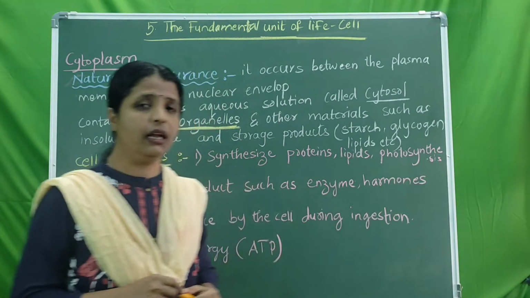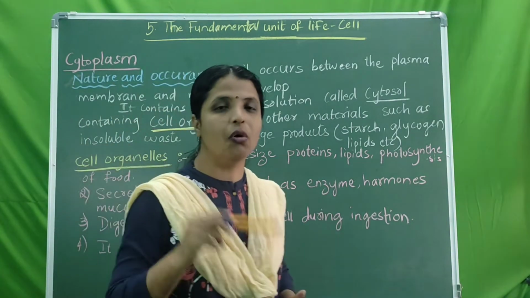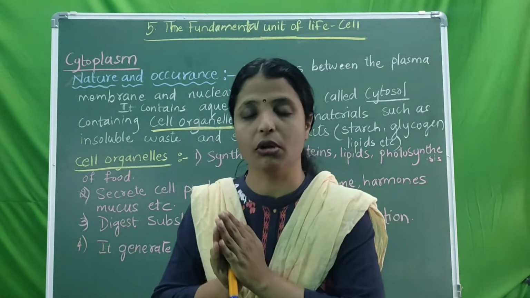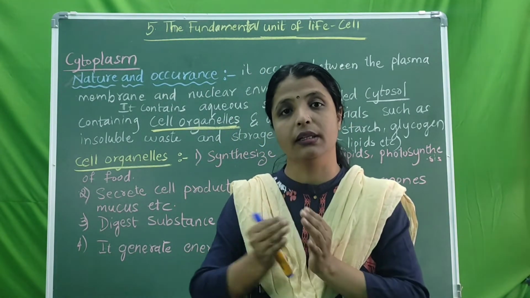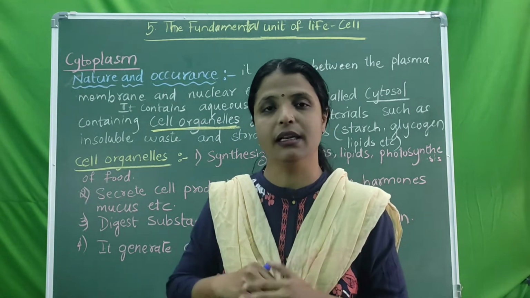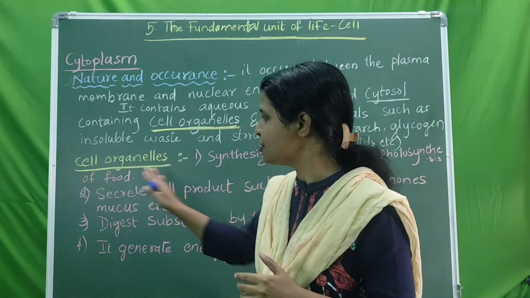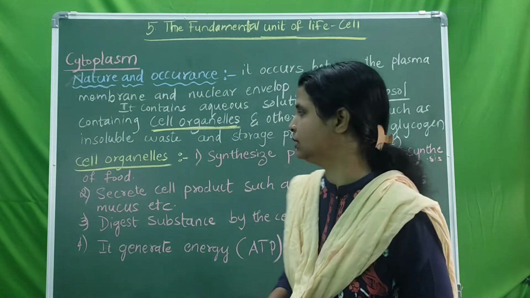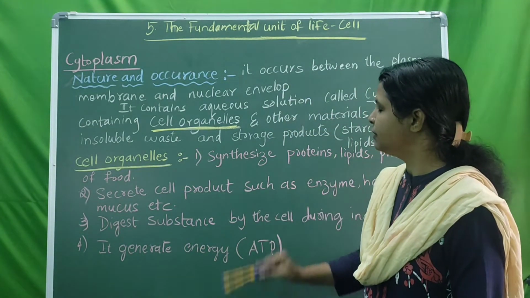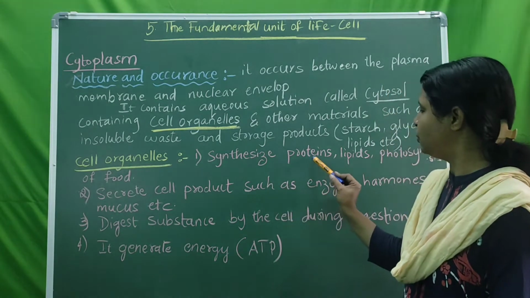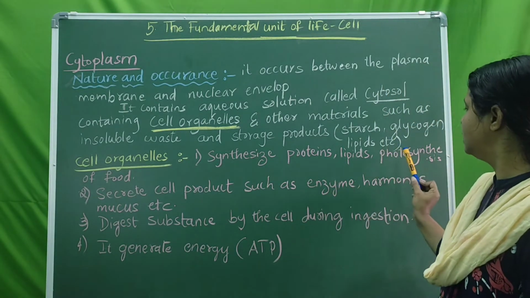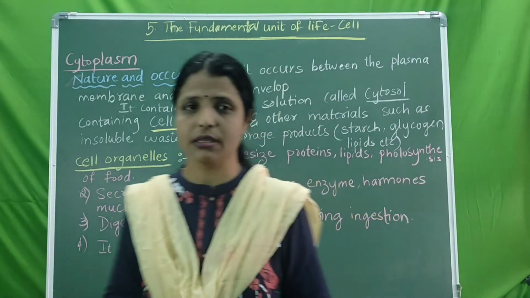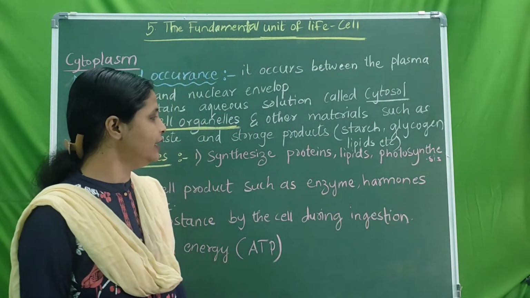Okay, now let's see the cell organelles. What are their functions? Before moving on, let us just revise what the functions of the cell organelles are. First, they synthesize proteins and lipids, and help in the photosynthesis of food. You know very well photosynthesis occurs in green plants.